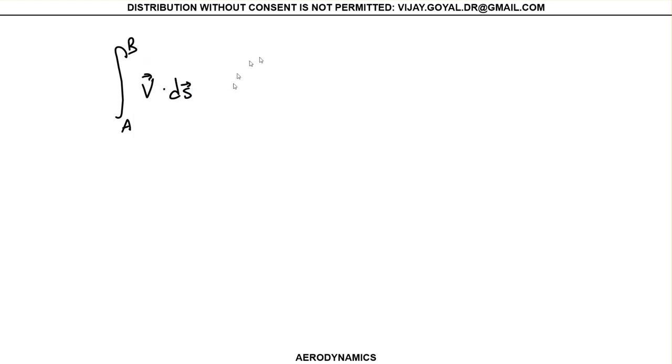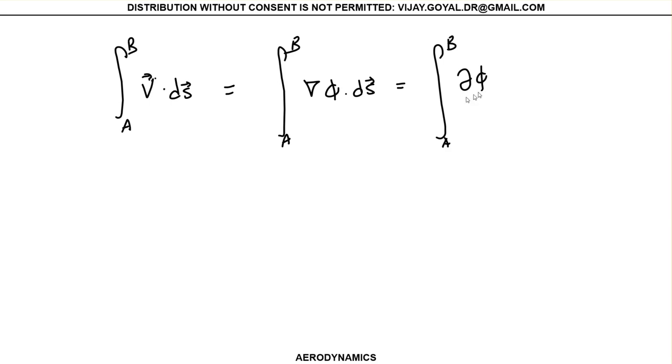So if I want to evaluate the line integral of the potential, because remember this is a potential, the line integral of the potential times ds is actually going to give me, by virtue of what happens at the boundary, the same as d phi. Maybe you can think like ds and ds can cancel out.